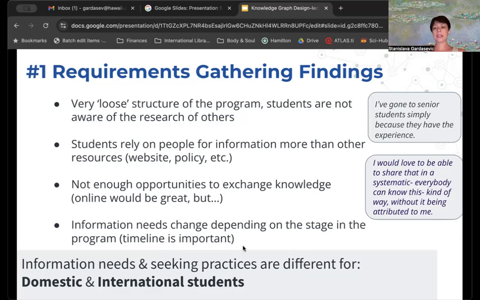Some of the quotes that I pulled out from these interviews: people go to senior students because they have more experience, and some of them would like to share their experiences in a systematic way. However, they don't want that to be attributed to them.